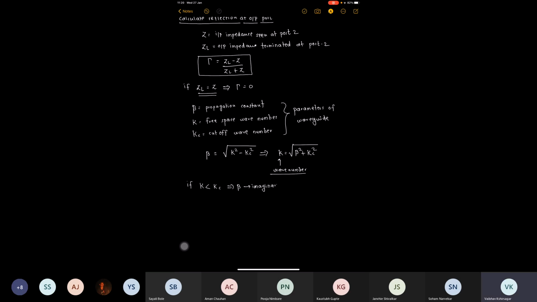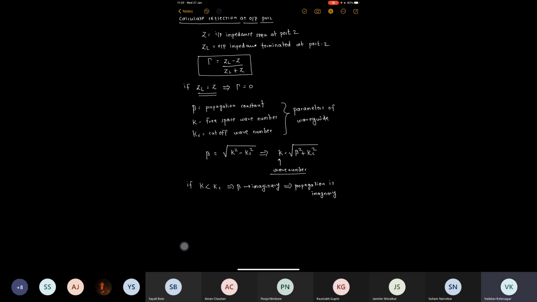What is the meaning when the propagation constant becomes imaginary? When k becomes lesser than kc, the value of beta will be imaginary, and beta represents the propagation constant. So this indicates that propagation is imaginary. Propagation of what?